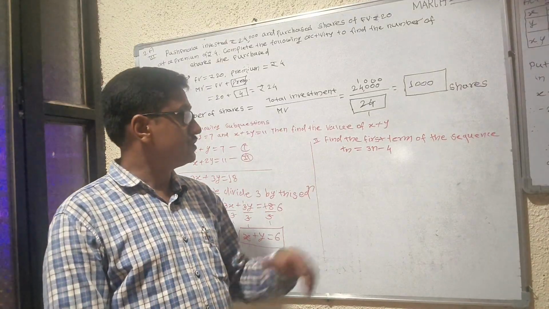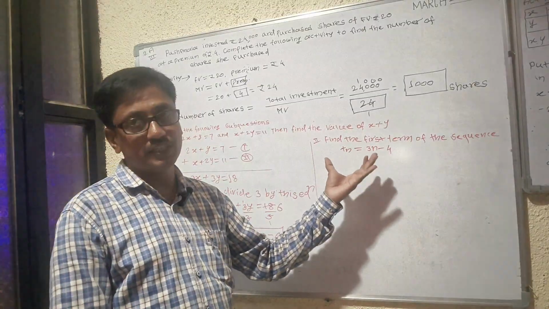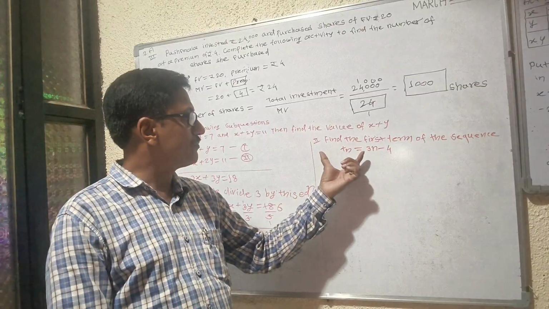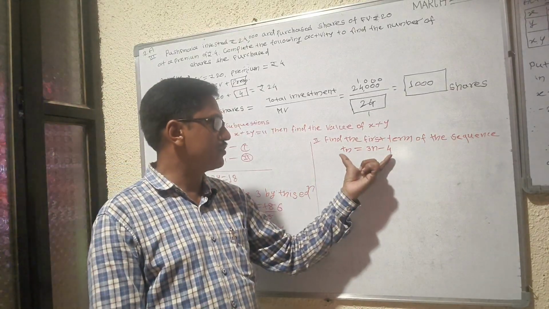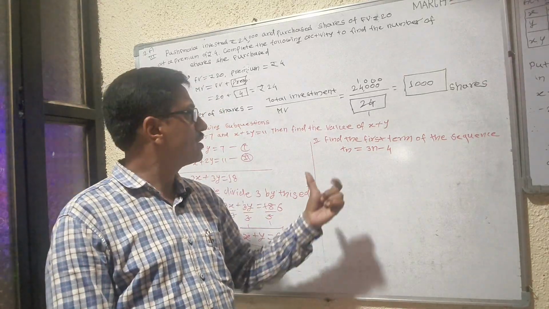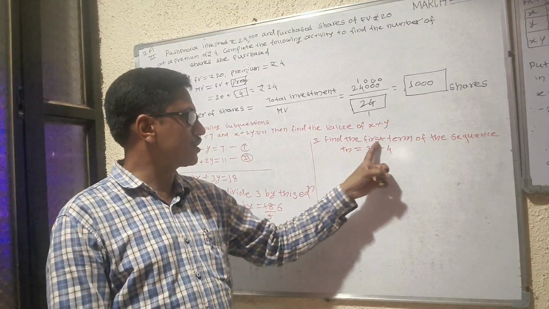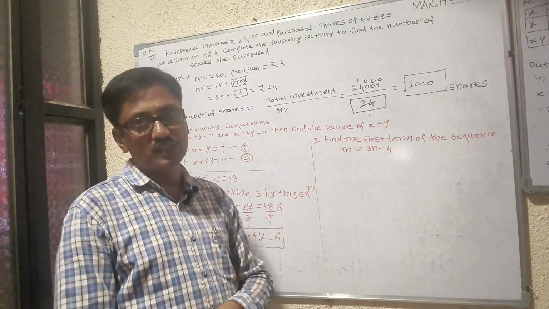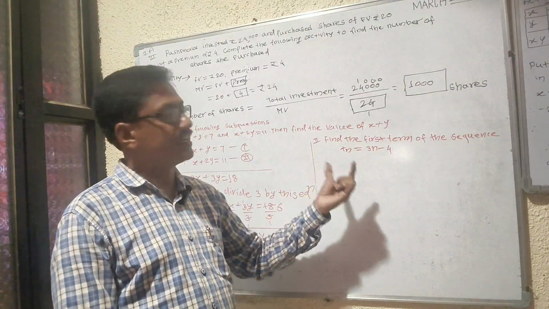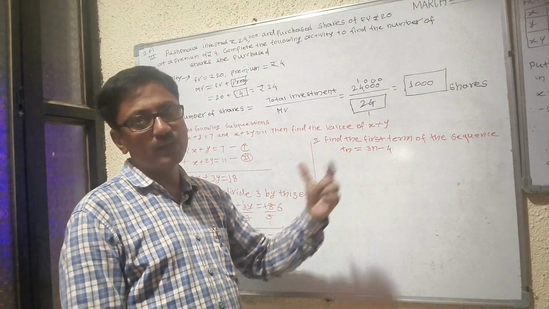Every student focus on this question. Attention here: what is given and what to find? What is given? The sequence Tn is equal to 3n minus 4 is given. What to find? We find the first term in this sequence. Do you understand? First term means here we take n is equal to 1 in the terms and we get the answer.